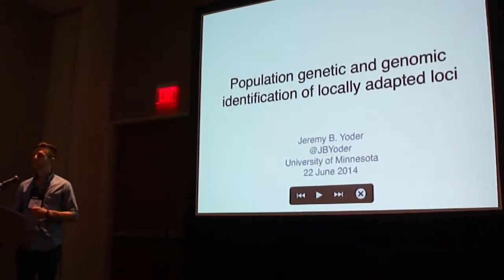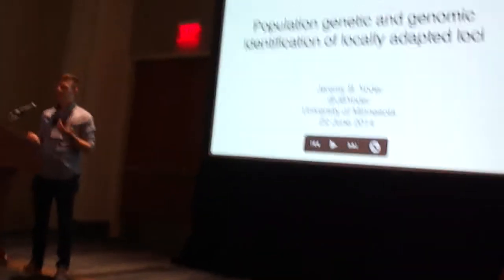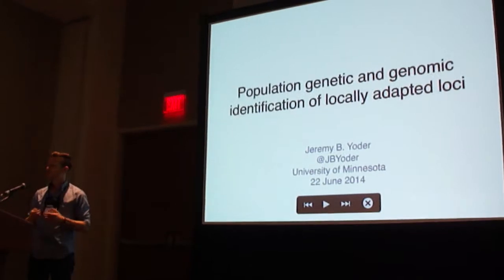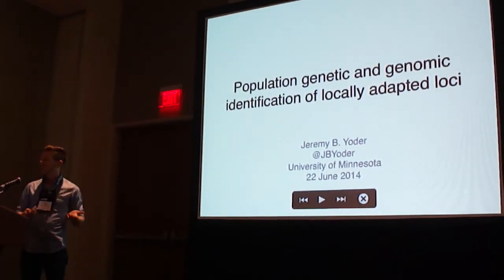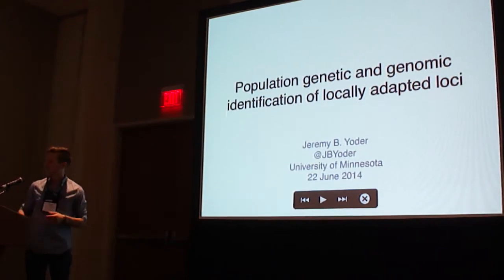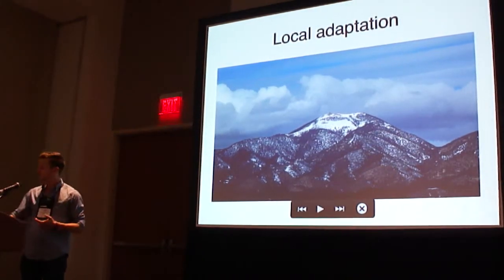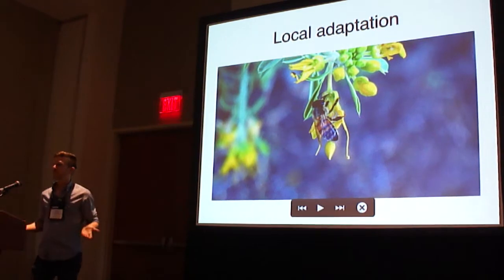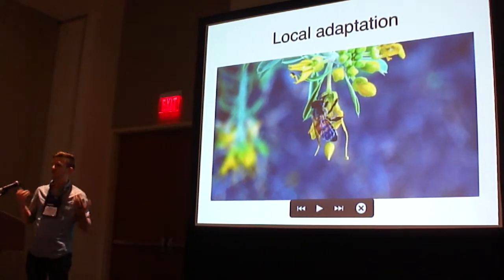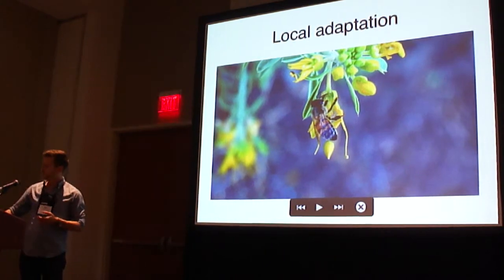I'm Jeremy Yoder from the University of Minnesota, and I'm going to talk to you today about some fairly new work that I'm doing looking at how we go about identifying locally adapted loci in genetic and genomic data sets. So local adaptation to variation in things like altitude, water availability and temperature, and the presence of other interacting organisms is really a topic of perpetual interest in evolutionary ecology.